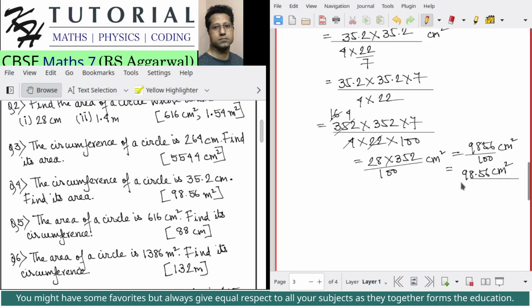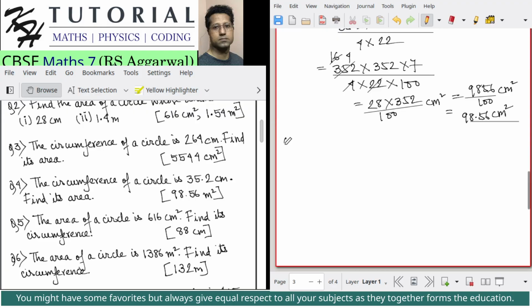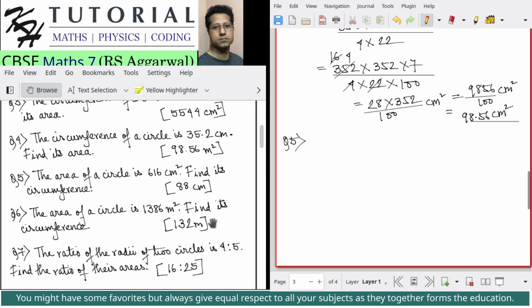Okay, let's see the next problem. Question number 5. The area of a circle is 616 centimeter square. Find its circumference. So we know that the formula that relates area and circumference is area is equal to C square by 4 pi. This time area is given and we have to find the circumference. So this implies C square is equal to 4 pi into A, where capital A is the area.